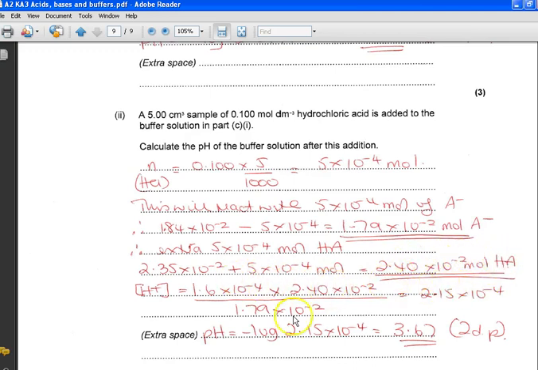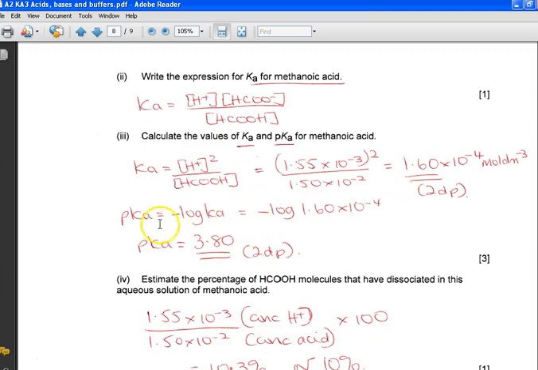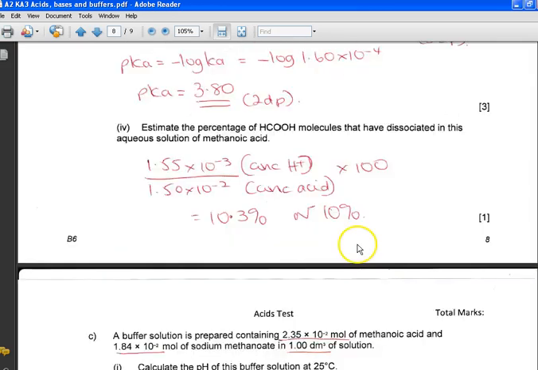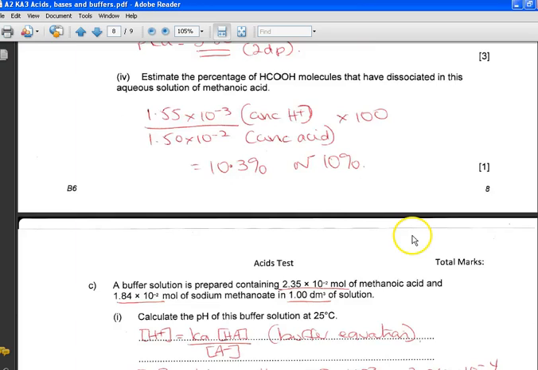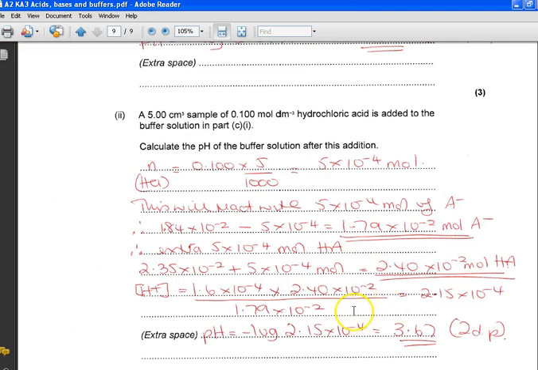Okay, so those new values go into the same buffer calculation. Your 1.6 times 10 to the minus 4 comes from up here where you worked it out. Your Ka, sorry, not pKa. So that goes into the equation here, with your new concentrations, which obviously have changed because you've added some acid to this buffer solution.